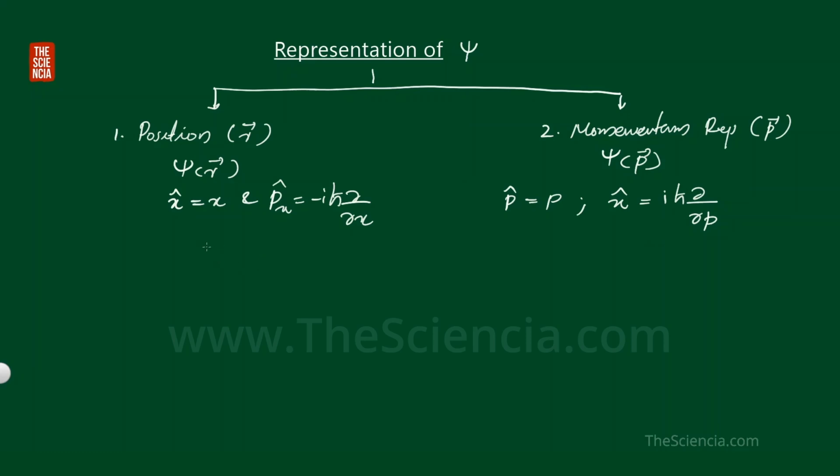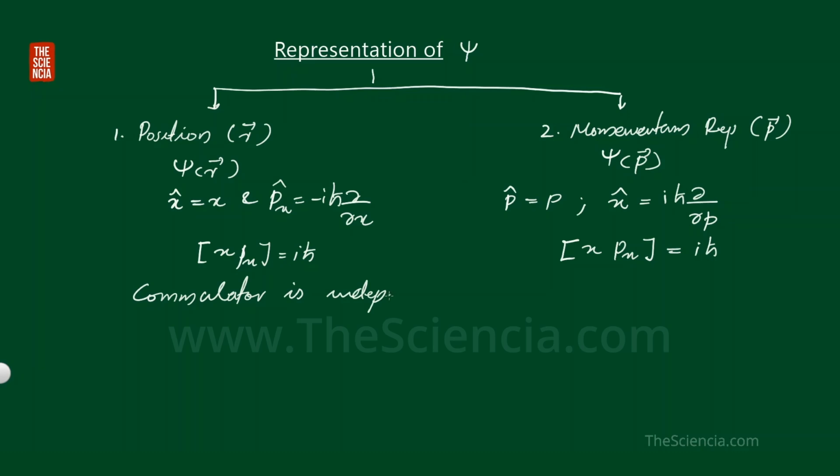Here you can see the commutator [x, p_x] will be equal to i h cross, and in the case of momentum representation also the commutator [x, p_x] will be equal to i h cross. That is, the commutator is independent of representation.